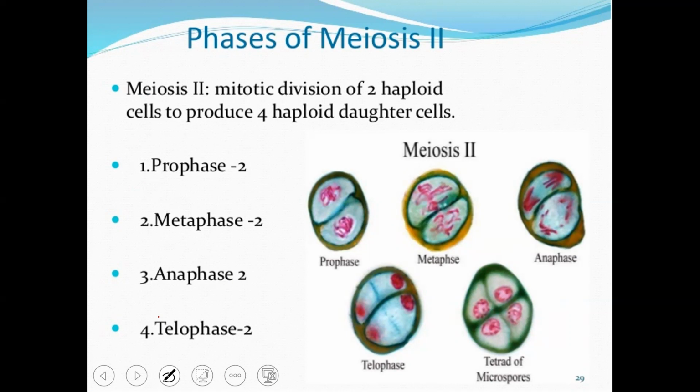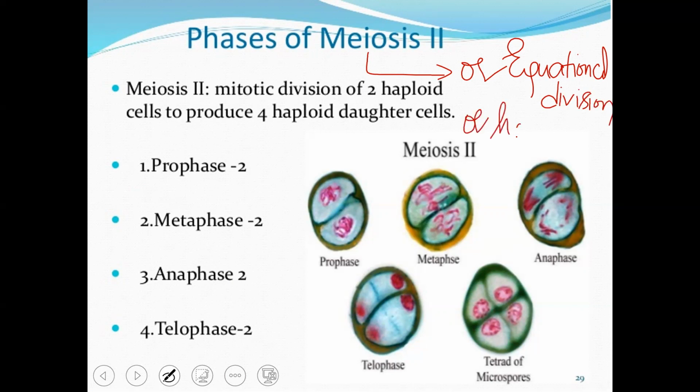But when we look into the separate phases, meiosis 1 is called reductional division, whereas meiosis 2 is also called equational division, or homotypic, whereas meiosis 1 was called heterotypic because we saw the substages in prophase 1.